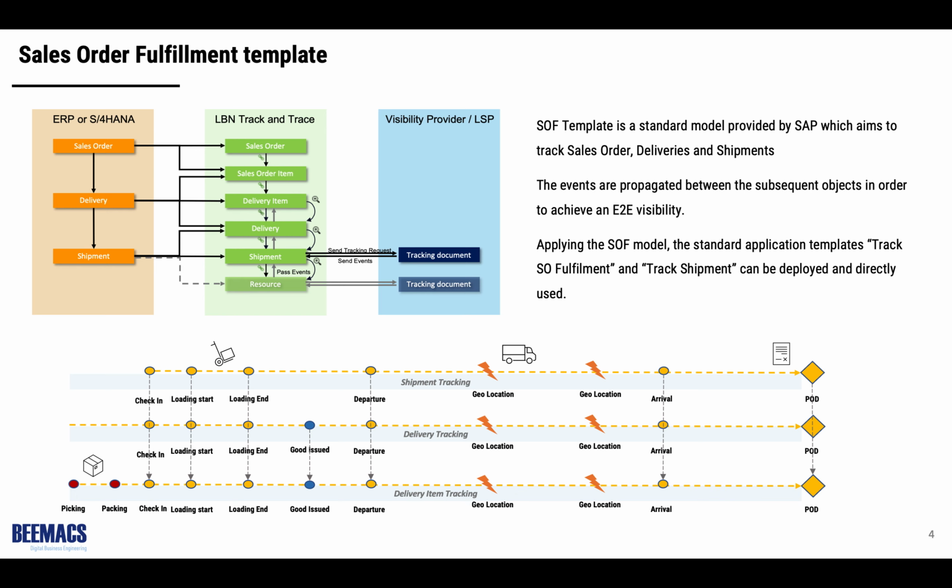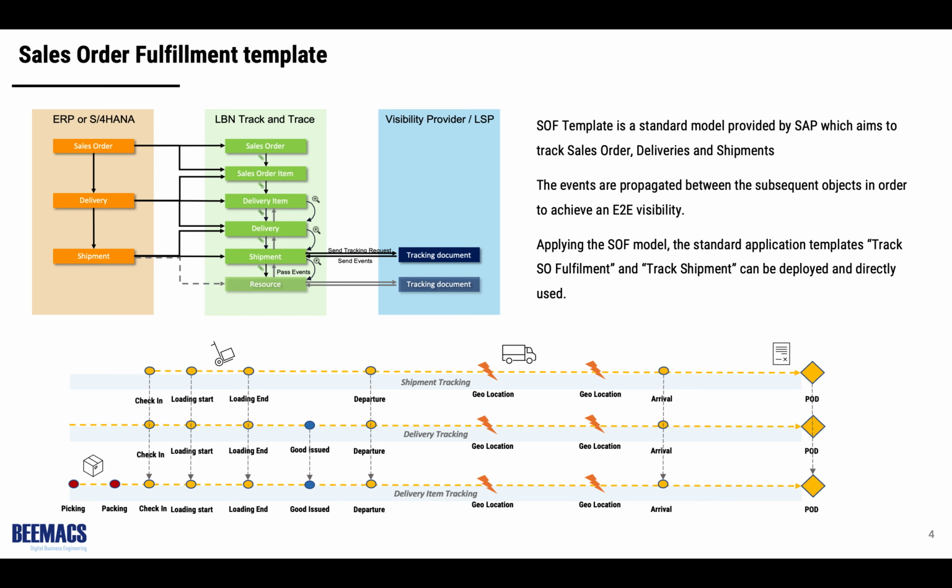Especially important is to integrate the planned timestamp of the event that you are expecting to receive. The data source for the actual can be several, depending on which stage of the process we are in.